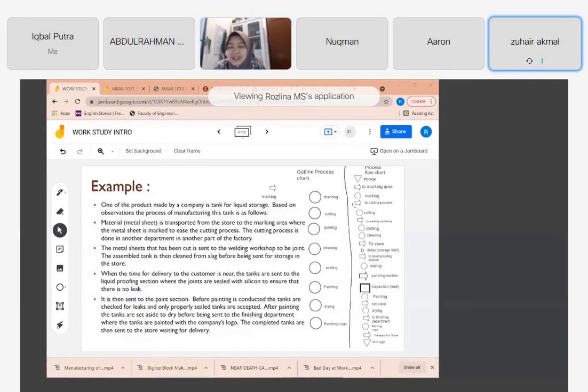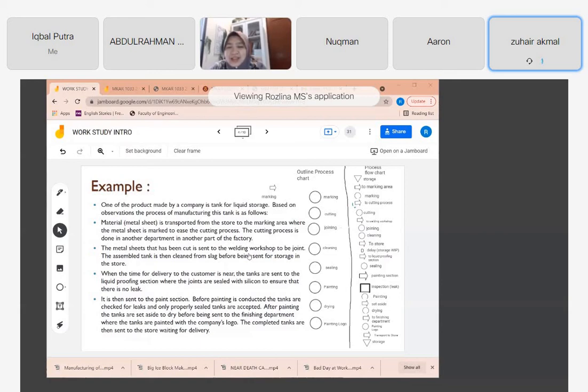Actually I also want to ask why, for the set aside, did we use an arrow instead of D? Because I thought set aside means delay, isn't it?